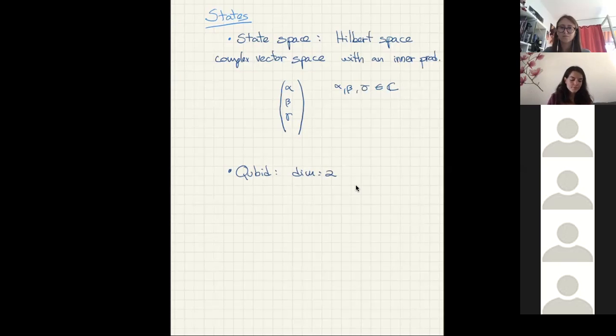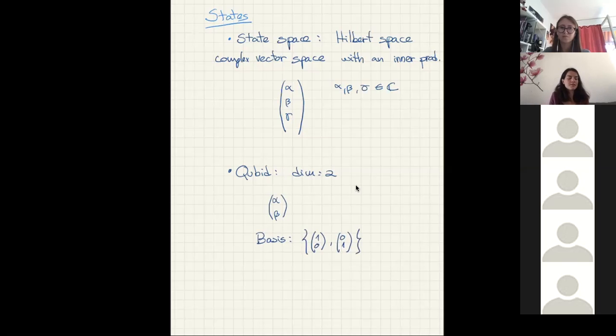Okay, so states consist only of 2 complex numbers. And now we need to find a nicer way to represent them than just this. So we'll take a basis for the space. So let's take, for example, this basis, which is called the computational basis.